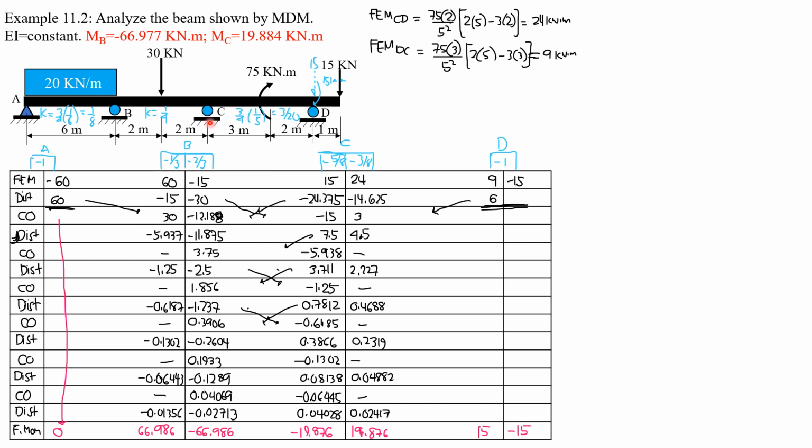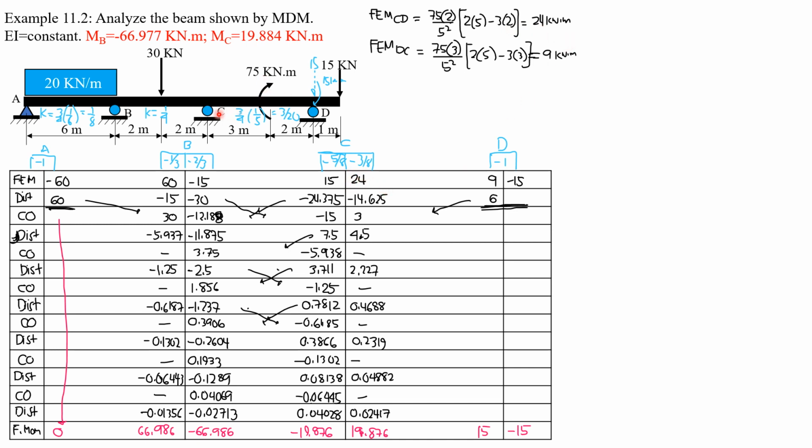Then for fixed moment CD, we just use the formula MB over L square quantity 2L minus 3B, where M is positive 75 if it is clockwise as a load, times B, the distance of this load from the right end, which is 2, divided by length square, so 5 square, quantity 2 times 5 minus 3B, and it is positive 24, so put it here.